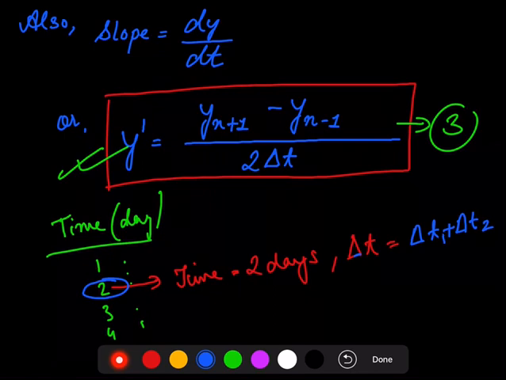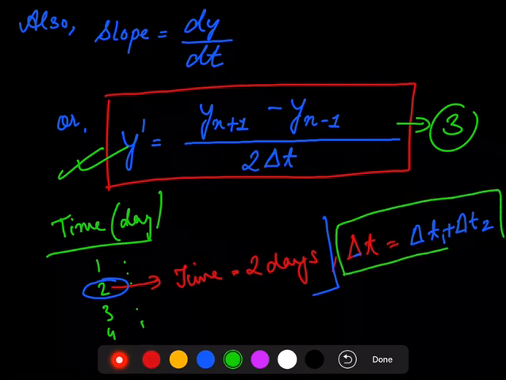Generally, delta t you can also write as delta t1 plus delta t2.